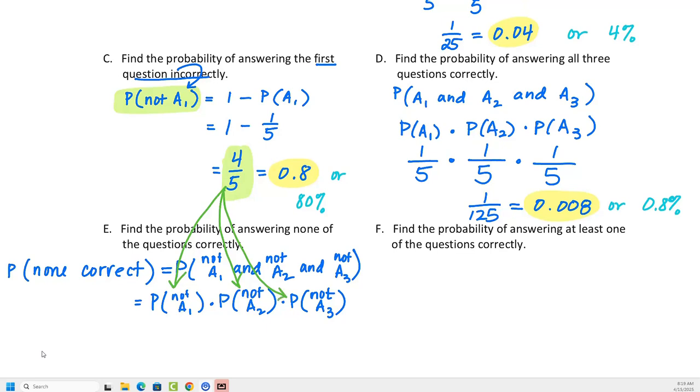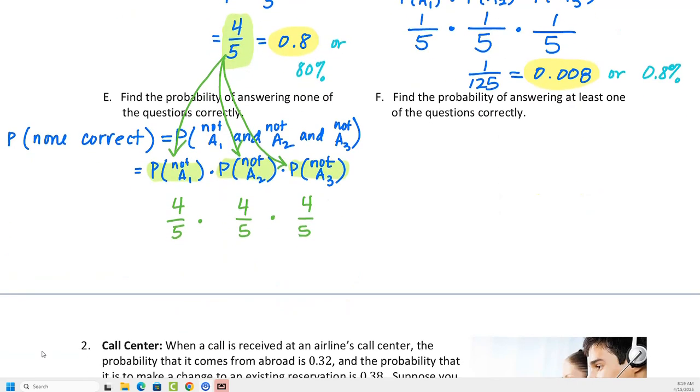So they're all not. So this is equal to 4/5 times 4/5 times 4/5.